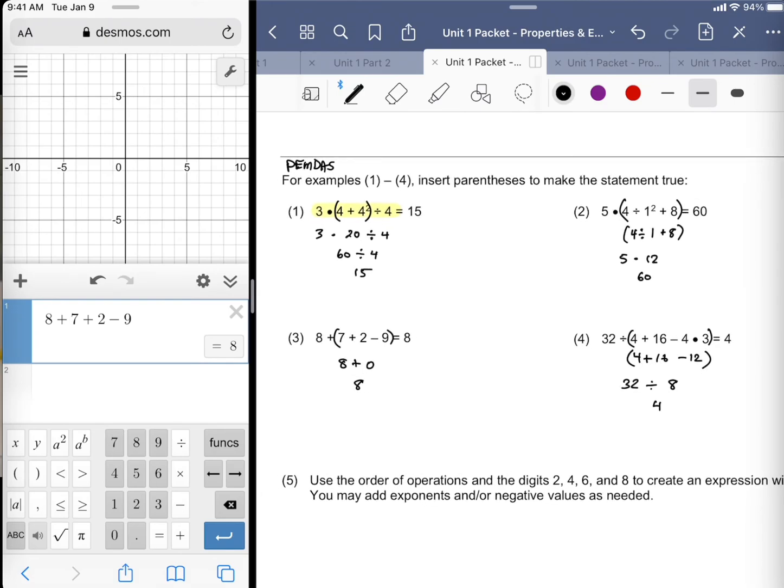You could see how this could be pretty challenging on a test, right? Because if you don't guess right the first time, and I'm saying guess, but it's not really guessing. It's just kind of having the number sense to look at it and say, where am I starting and where do I want to end up?